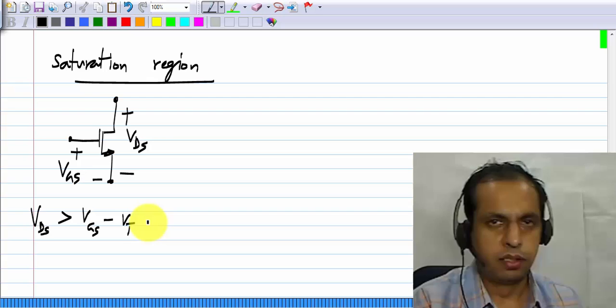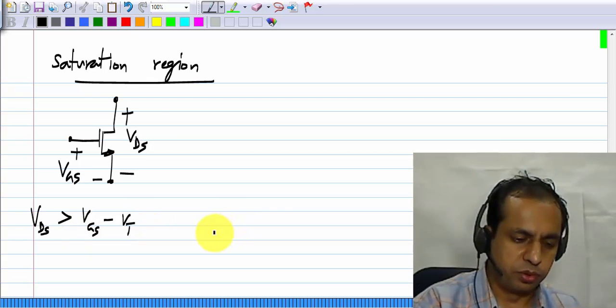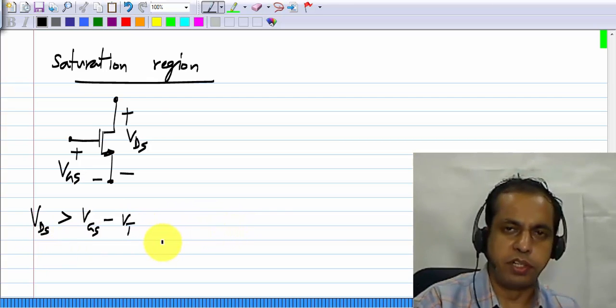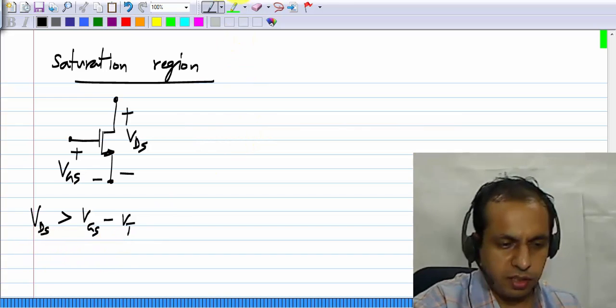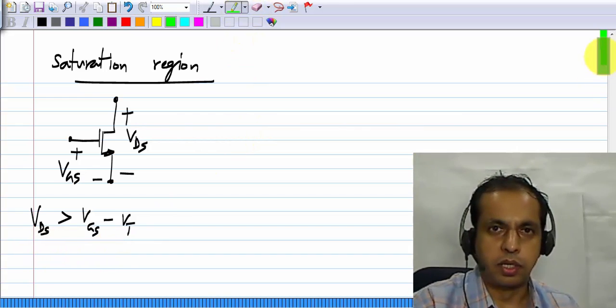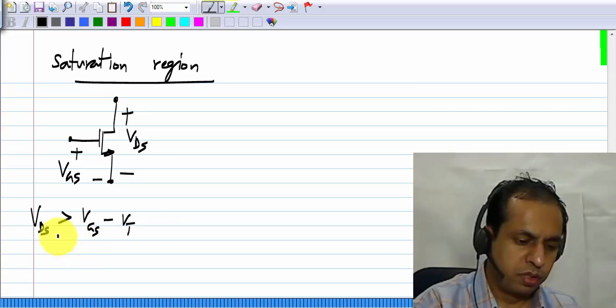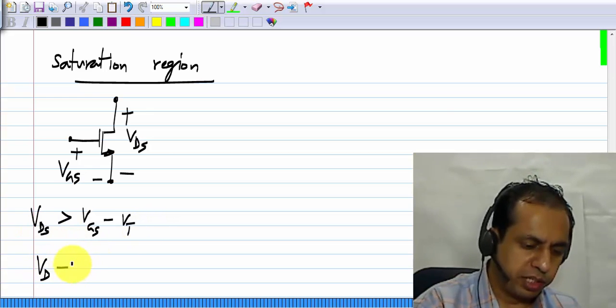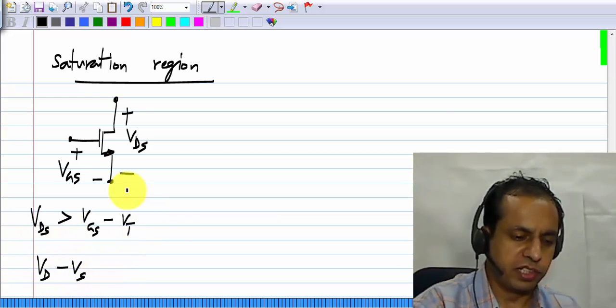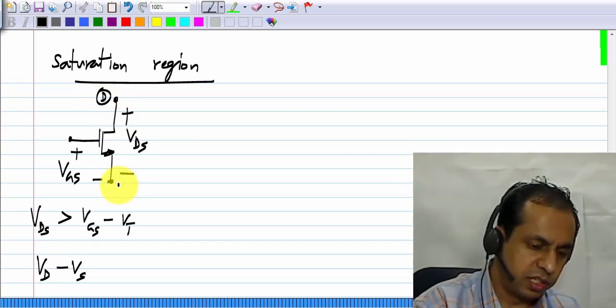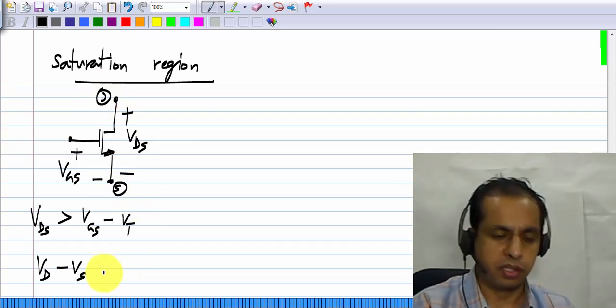There are many other ways to put this. Sometimes this is convenient to use when you can calculate VDS and VGS. Now, VDS can also be written as VD minus VS, where VD and VS are the drain voltage and the source voltage with respect to some ground.